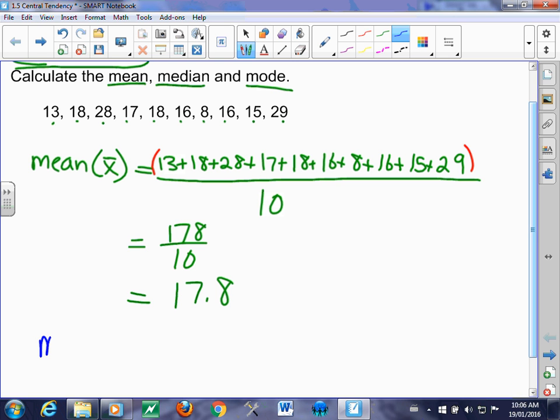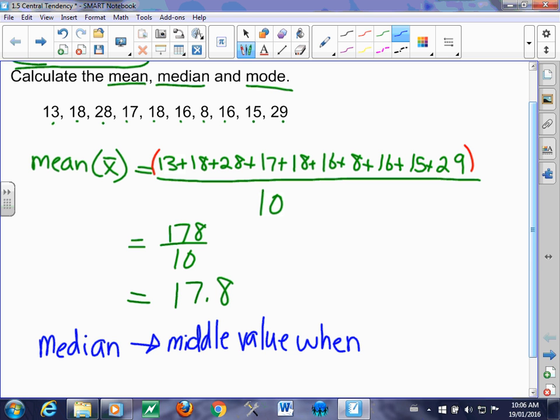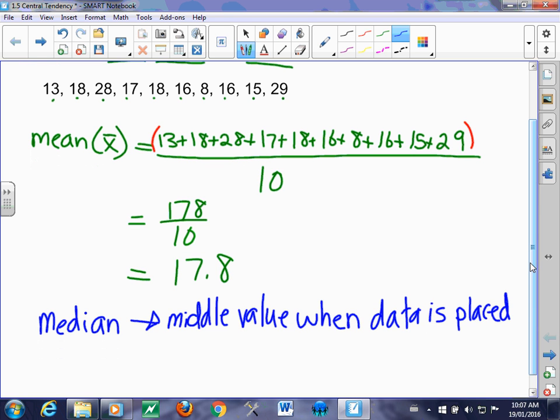Now the median. Okay, so the median is the middle value, for those who can't remember this, middle value when data is placed in numerical order.